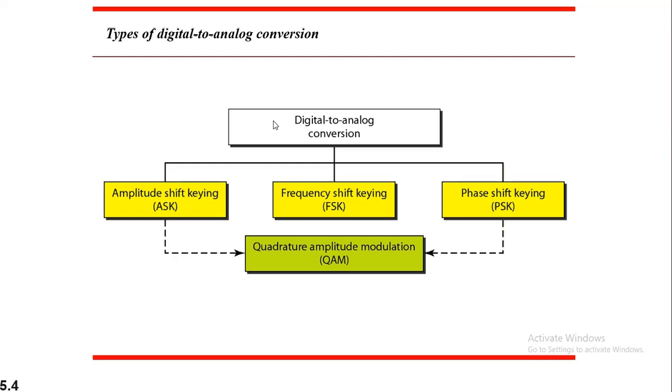Rest everything, they are only for knowledge sake. But still, there are some places where these techniques are being used, but quadrature amplitude modulation is widely used in the current scenario. This is how the few techniques deal with converting your digital data to analog signal, that is, mapping of digital data to bandpass analog signal.